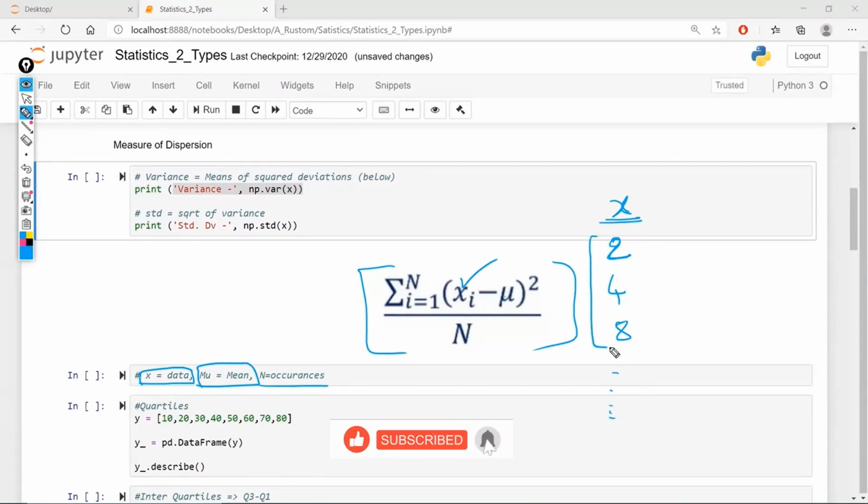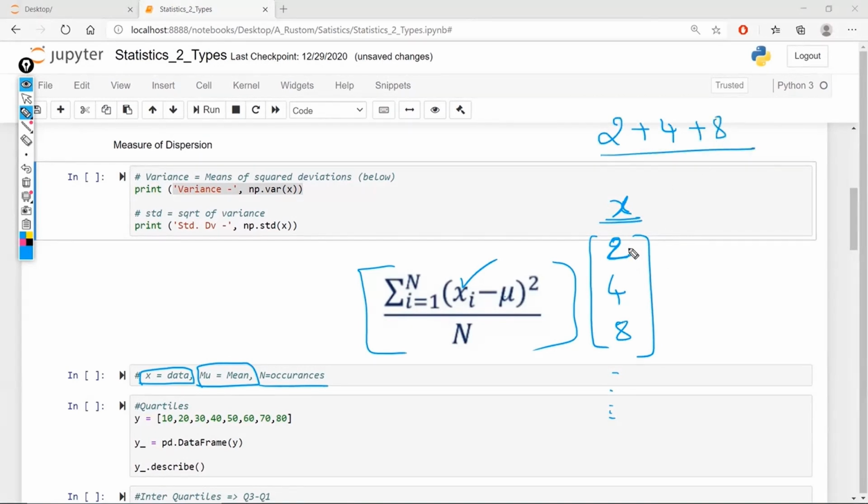If I consider only these 3 data points, I can say 2 plus 4 plus 8 divided by how many data points? 1, 2, 3. So my mu is going to be 6 plus 8, 14 by 3. It is basically 4 point something, say 4.6, around that number. So 4.6 is my mu.